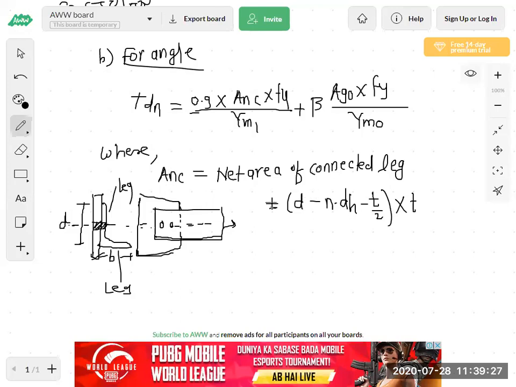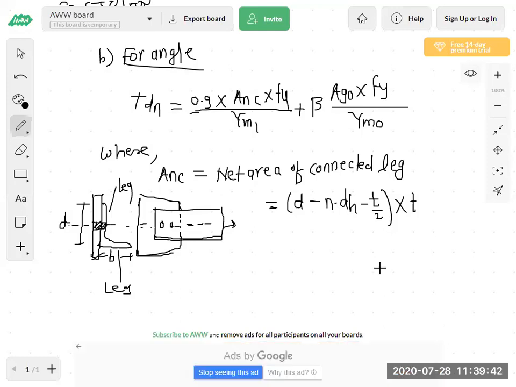Anc is equal to: see, this is the depth d, from this what is subtracted is n into dh. Now here n is the number of rows. Here it is not the number of bolts. That I will tell you afterwards.